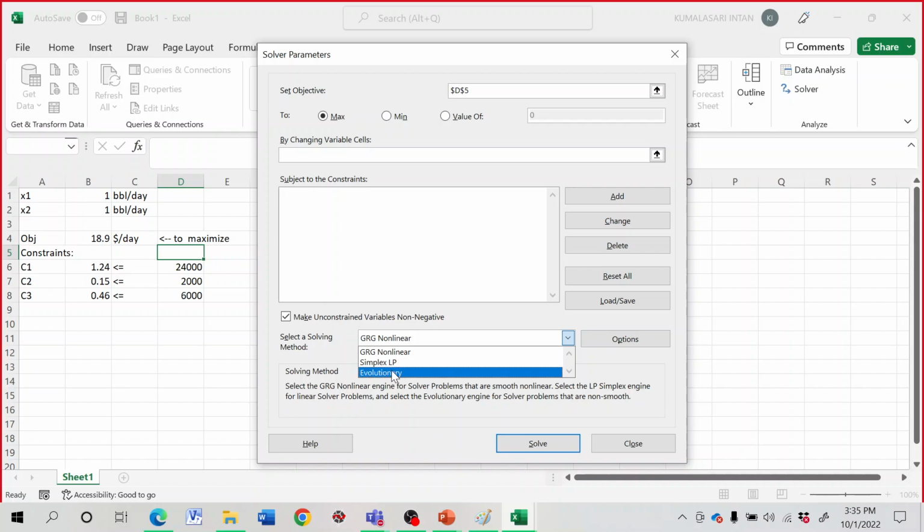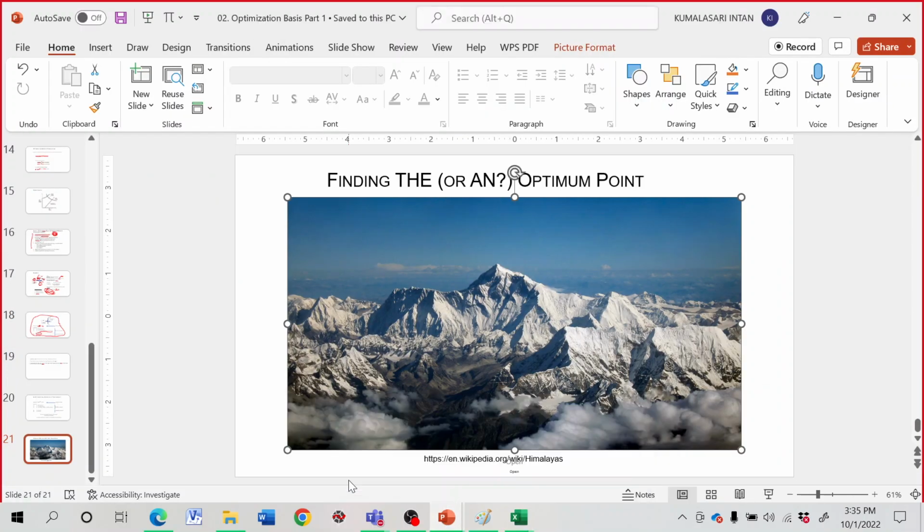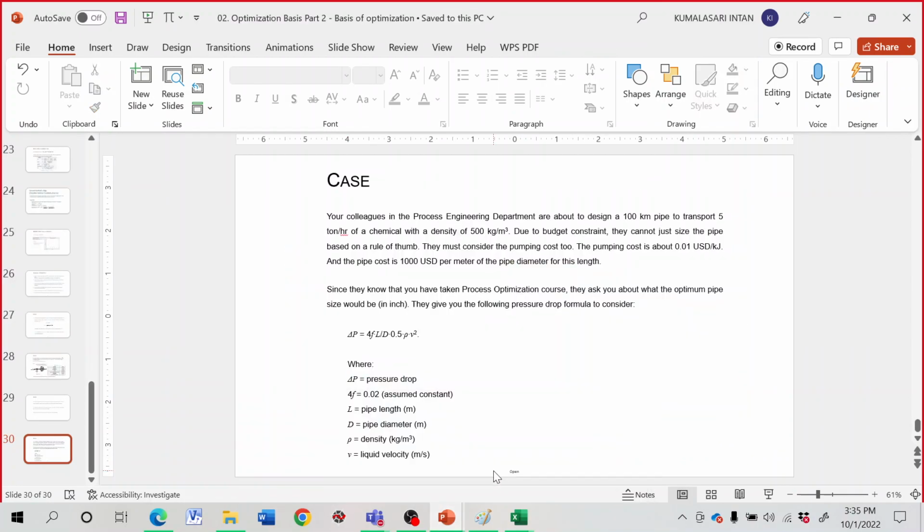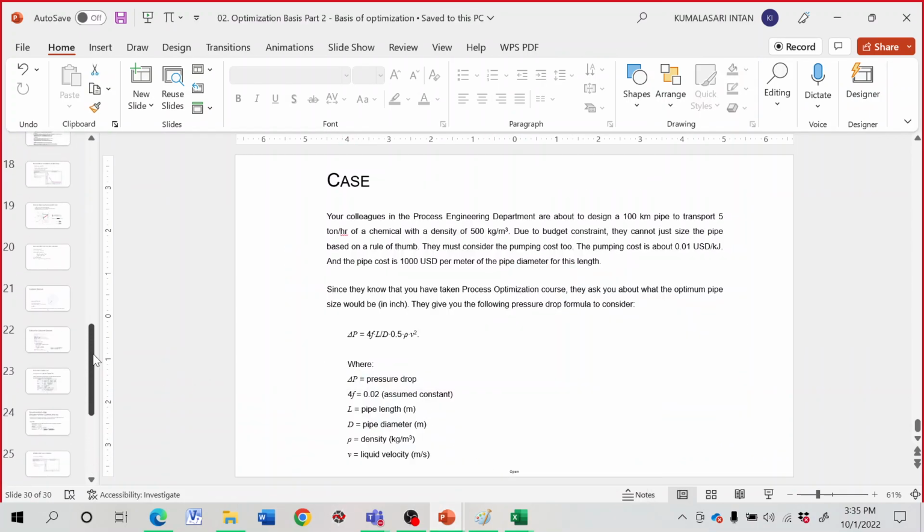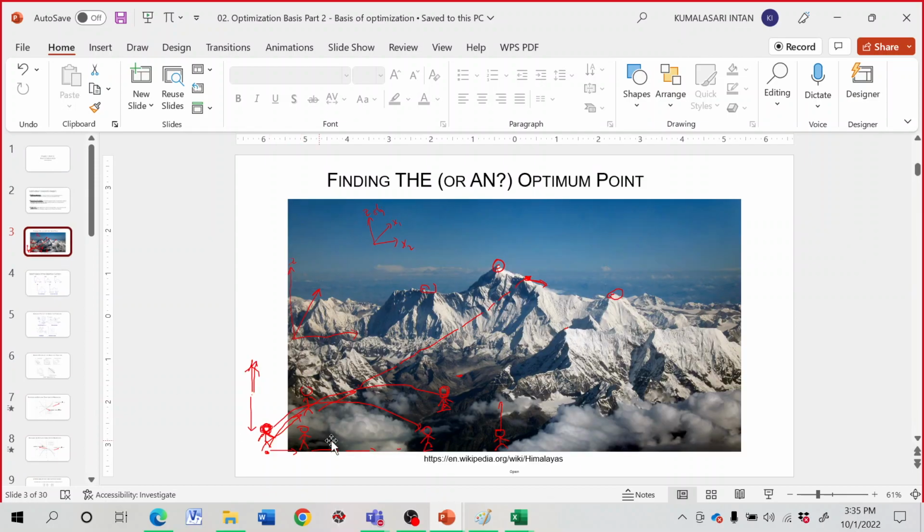And then Evolutionary is what they call using a genetic algorithm. Remember that poor guy who got trapped in the valley?